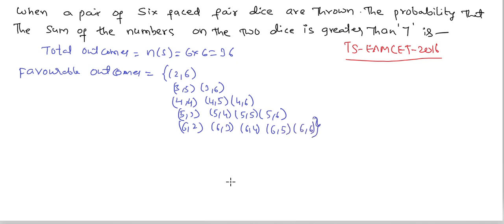So the total values are 1 2 3 4 5 6 7 8 9 10 11 12 13 14 15. So favorable outcomes with sum greater than 7, that is n of e, is equal to 15.